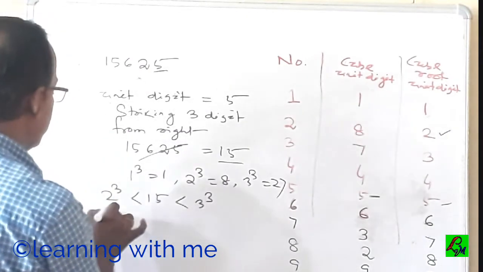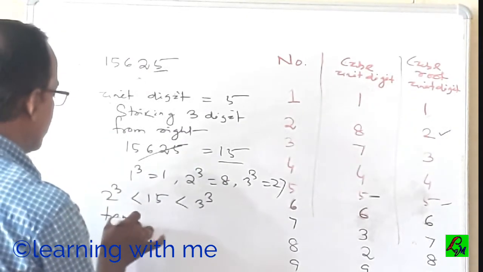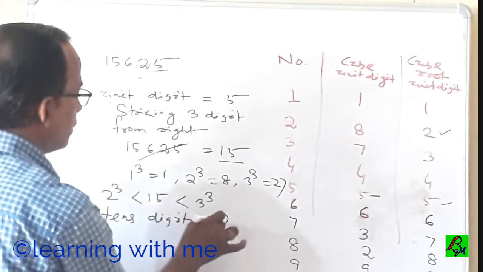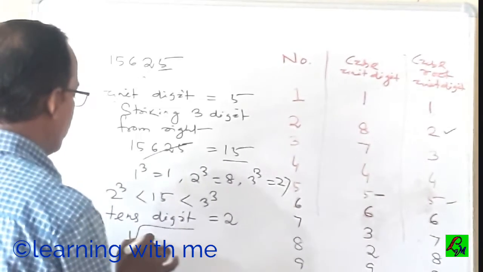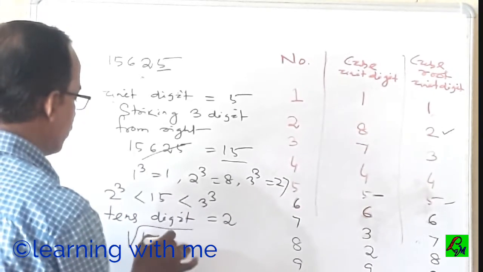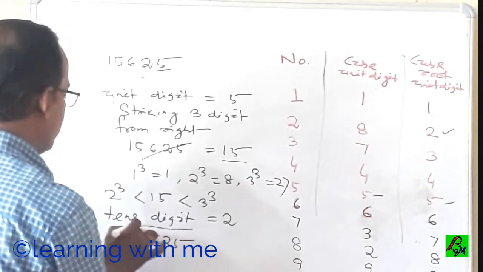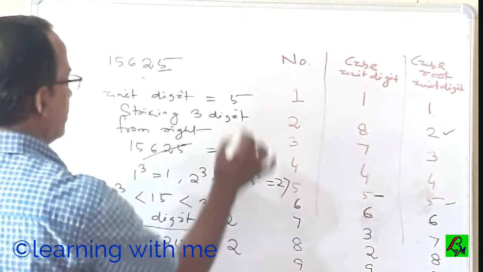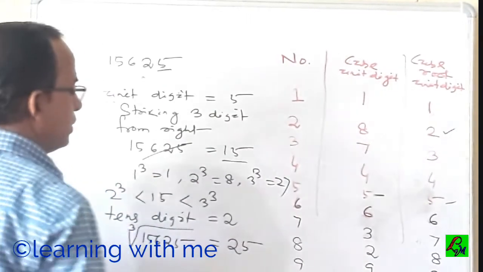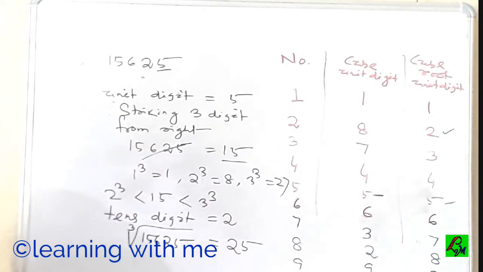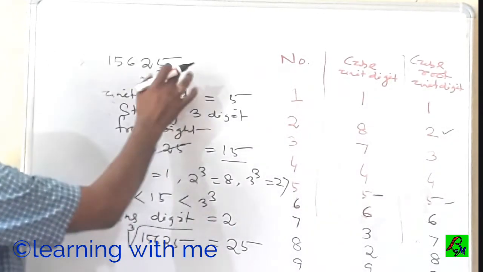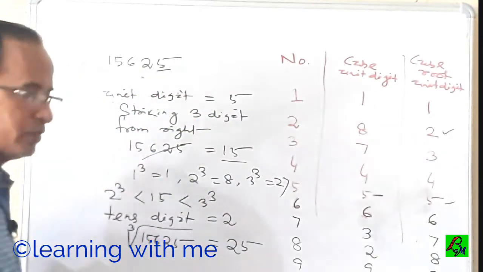So the tens digit equals 2. So the cube root of 15625 has tens digit 2 and unit digit 5, so the number is 25. If we test, 25 cubed equals 15625, and its cube root is 25.